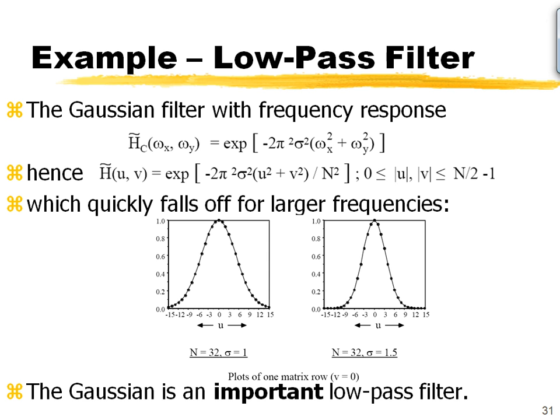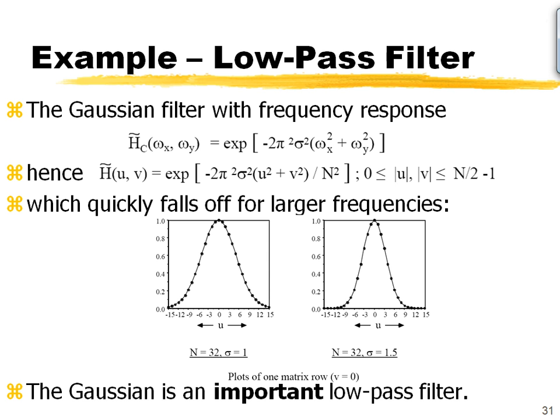Now, if I plot this out as a one-dimensional plot, you can see that for a sigma equal to 1, this is the kind of function I get. For sigma equal to 1.5, I get narrowing. Okay? So what that means is that this is a frequency domain, right? The larger the sigma, the narrower is the low frequency cutoff.